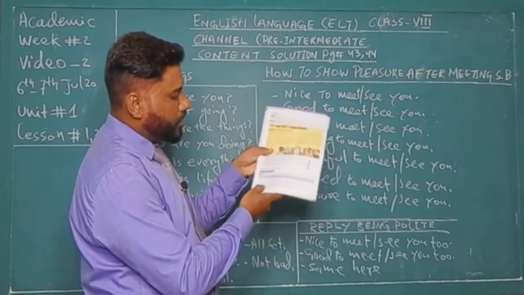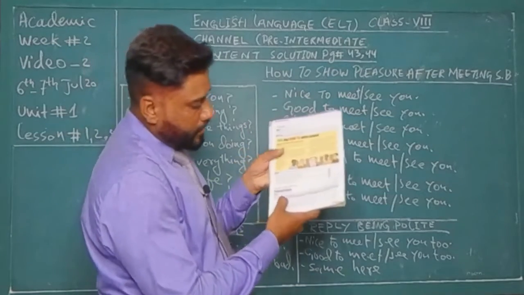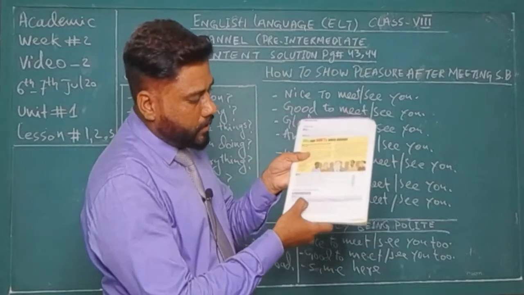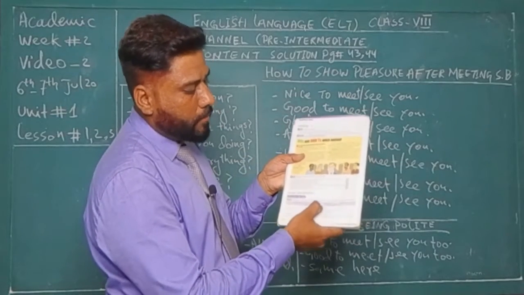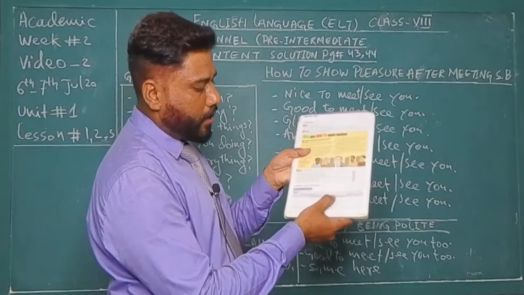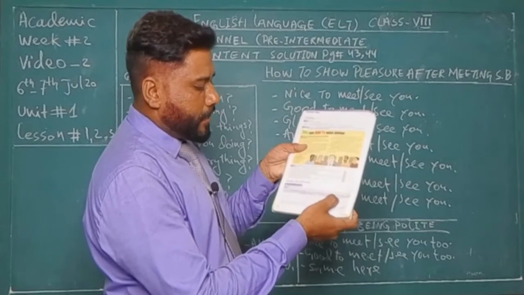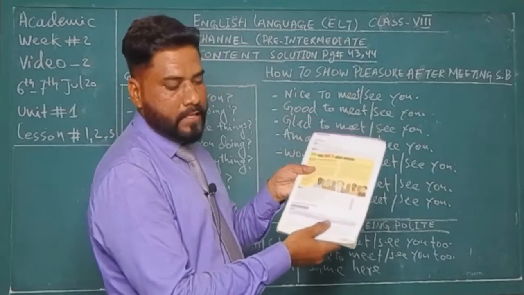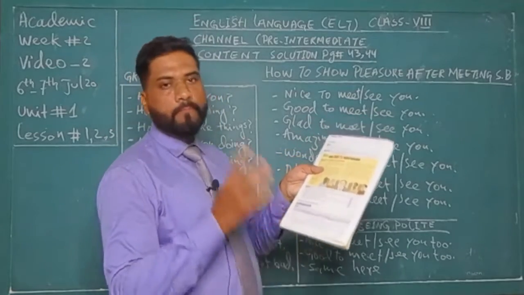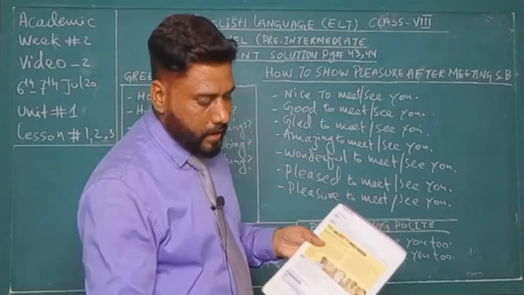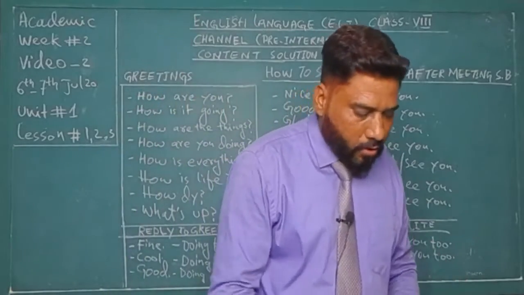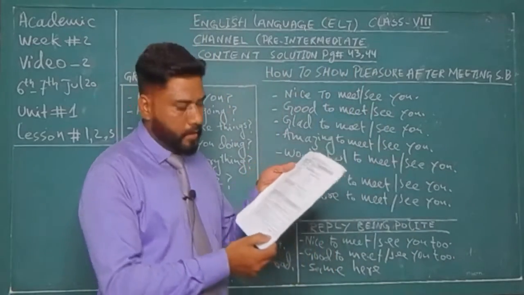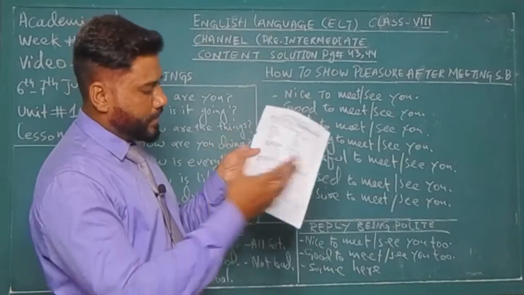The make expressions you can see there: make a good impression, make things better, make it clear, make a fool of myself, make a mistake. These are the very important make expressions given in that. You can see in your content page number 43 is there. You can also see them with examples.